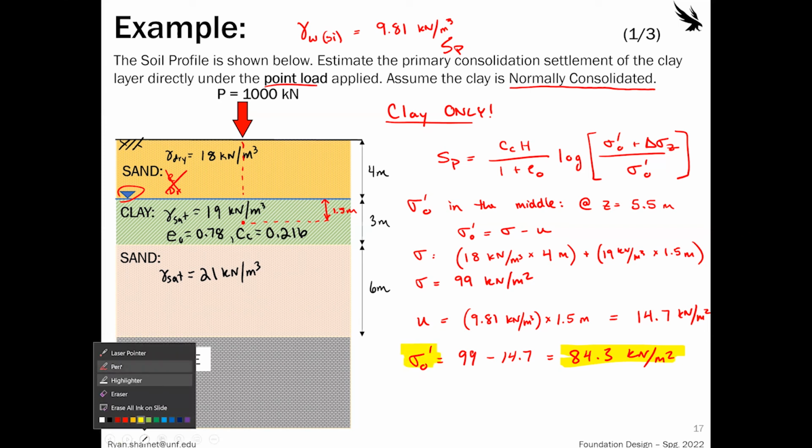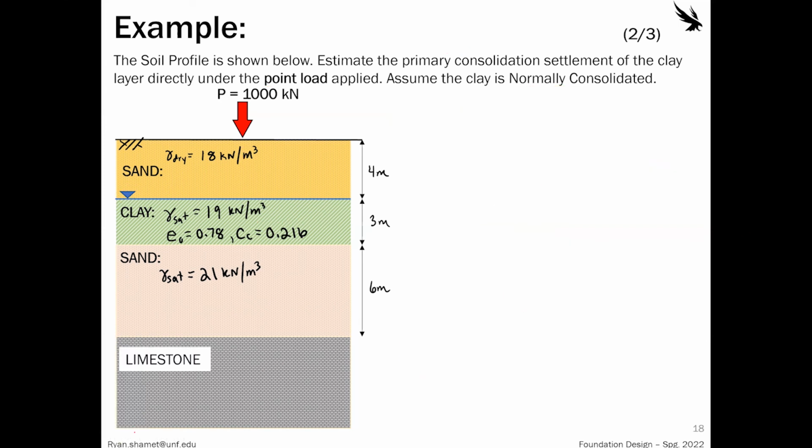But next, what we need is our increase in vertical stress. So remember that our increase in vertical stress is from the point load.